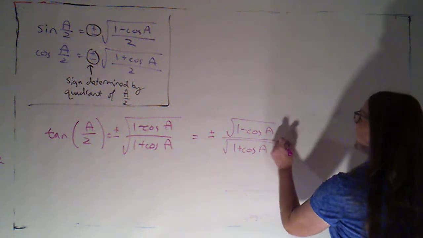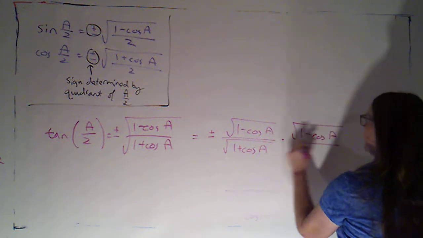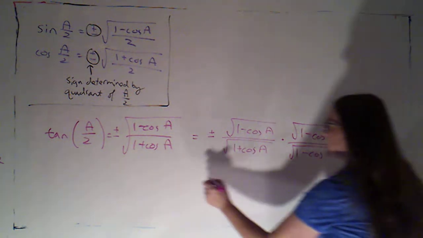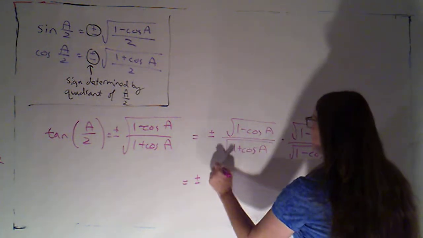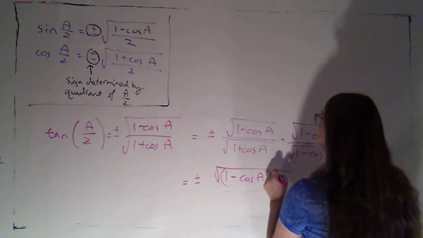If I multiply by 1 in the form of root (1 minus cosine A) over root (1 minus cosine A), notice I'm going to get plus or minus, and on top the square root of (1 minus cosine A) squared.